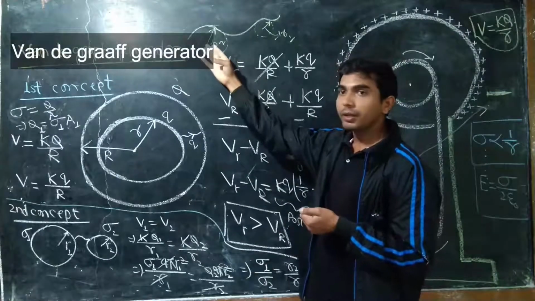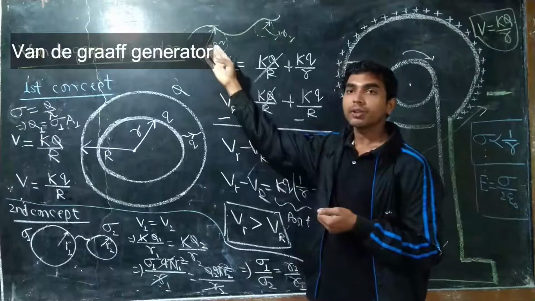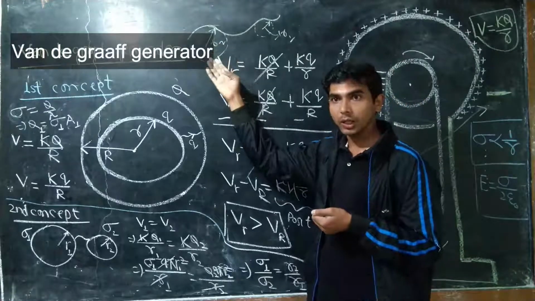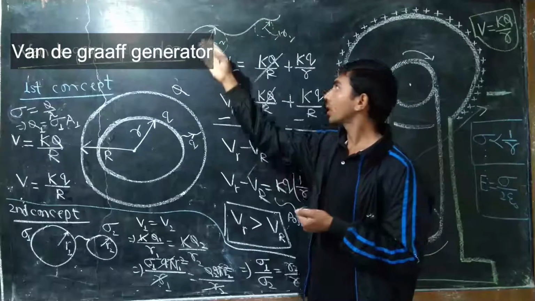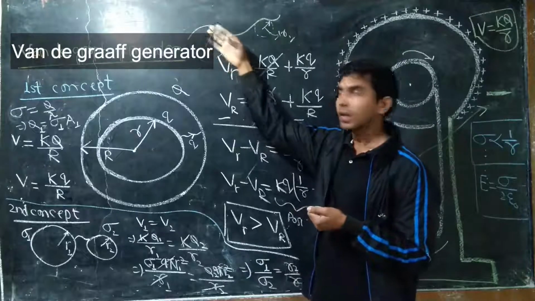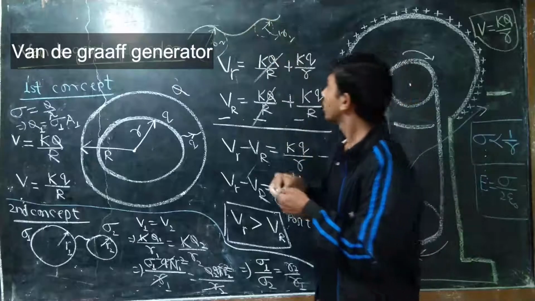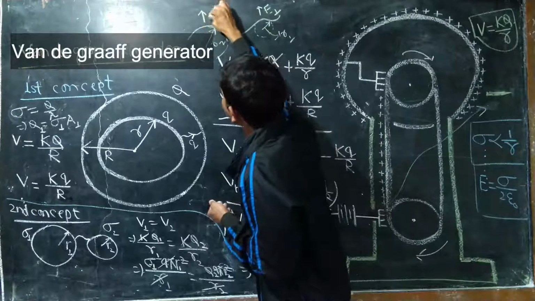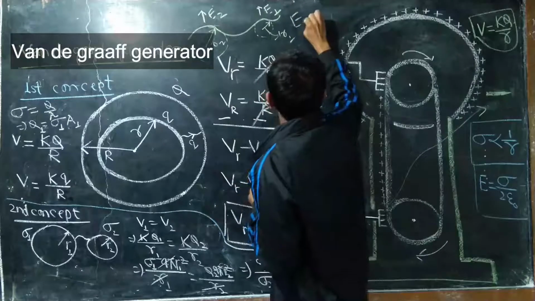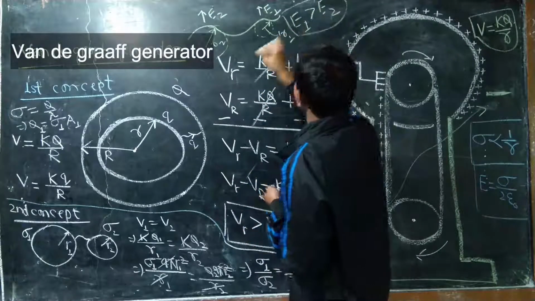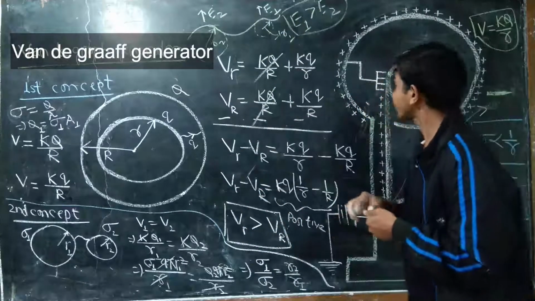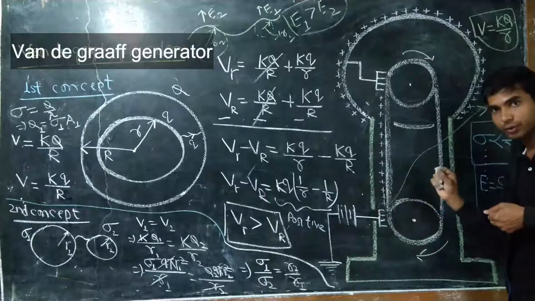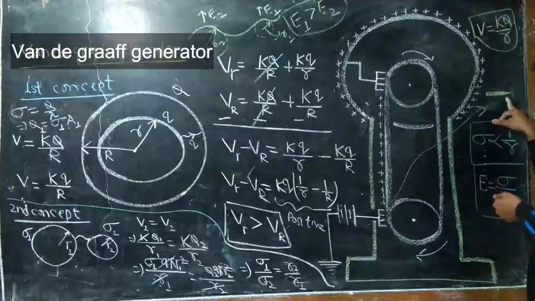If the radius of curvature is higher, the surface charge density will be lower, so the electric field will be lower here and higher there. Suppose here the electric field is E1 and here it is E2. So we can say E1 is greater than E2.